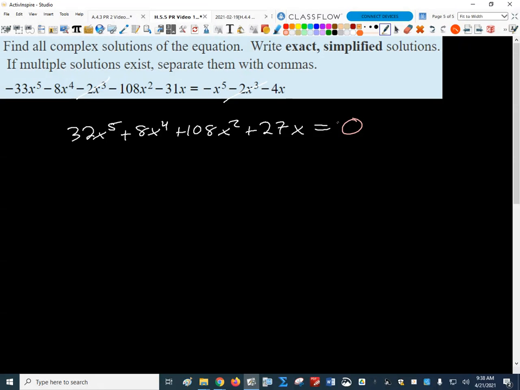Good so far? Okay, what's next? Any GCFs I can take out? Take out an x. That's about it, isn't it? Okay. So we can take out an x.